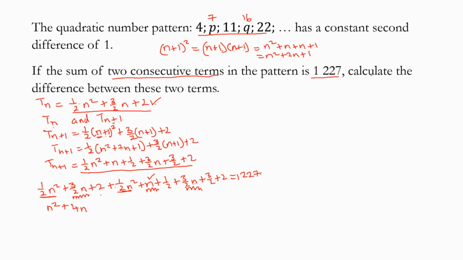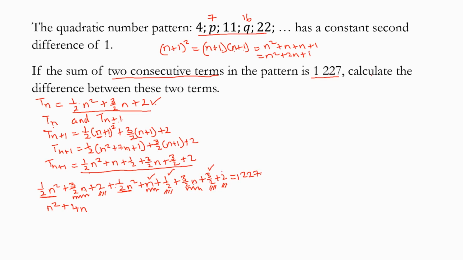Then let's deal with the constants. We have a constant 2 there, 1 over 2 there, 3 over 2 there. You can even use your calculators to add these numbers. And then we have 2 there. Let's start with the fractions. What is 1 over 2 plus 3 over 2? Same denominator, so we can add the numerators. 1 plus 3 is 4, 4 over 2 is 2.